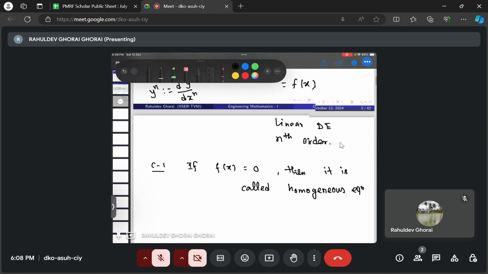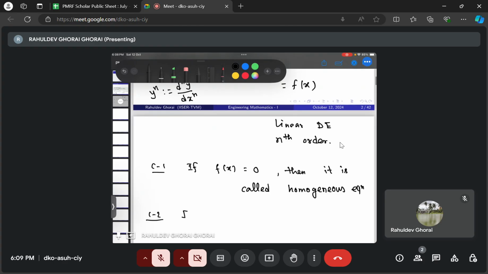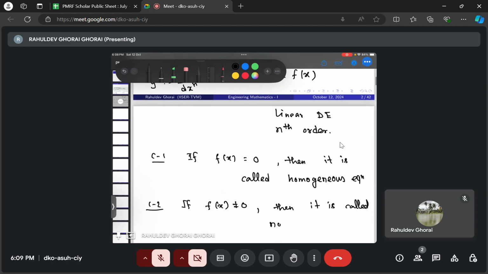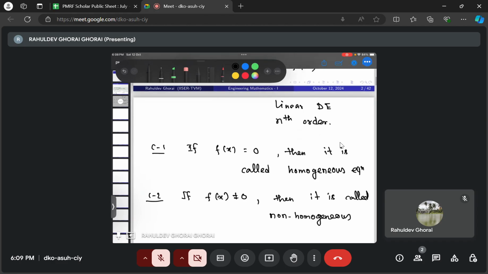Case two, if f(x) is not equal to 0, I mean at least one point is there where f has a non-zero value, then it is called a non-homogeneous equation.